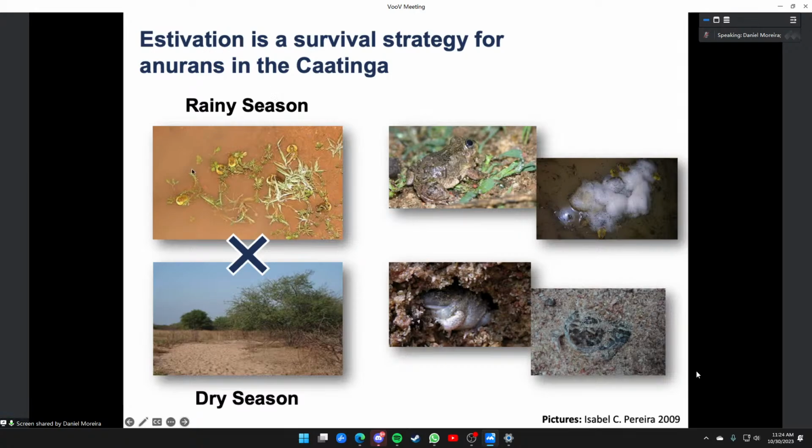Here we have pictures of some frogs during the rainy season. They are happy, eating, reproducing. But during the dry season, the river streams completely dry out and animals bury themselves underground and depress their metabolism until, hopefully, the rainy season comes again.